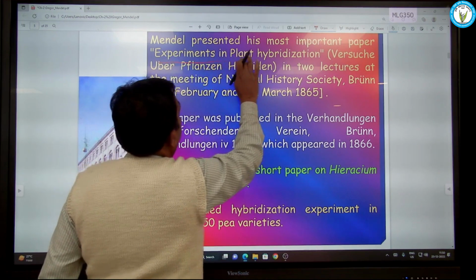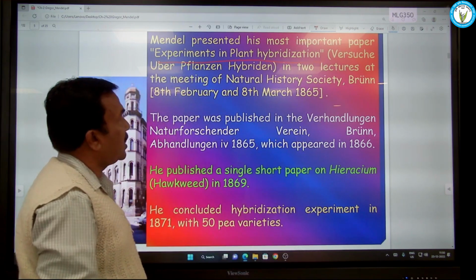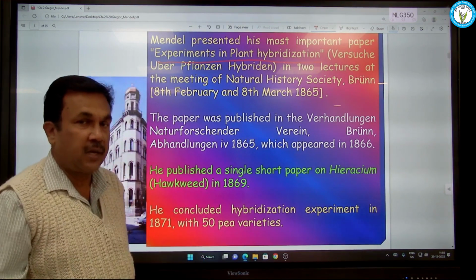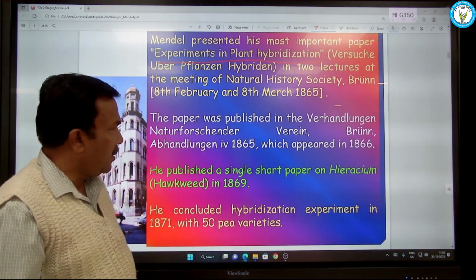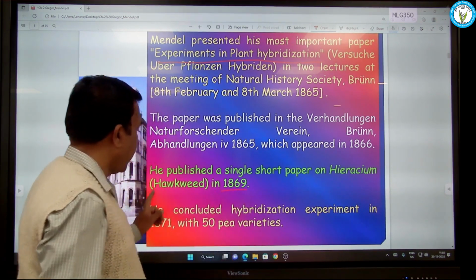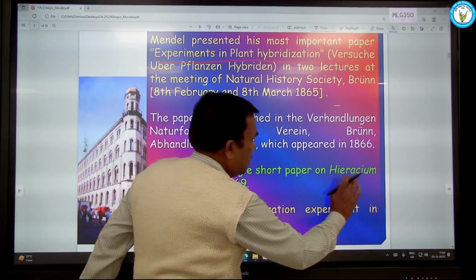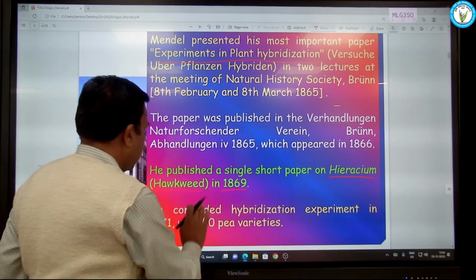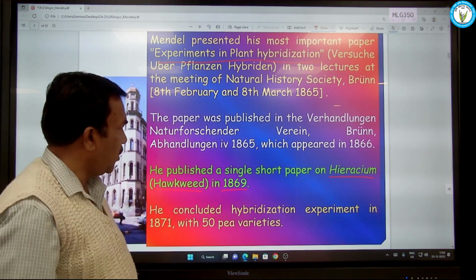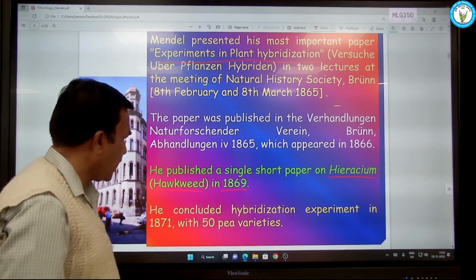This paper was published in 1866 in the Natural History Society of Brunn, and he also published a short note in 1869 on Hieracium, also called hawkweed.